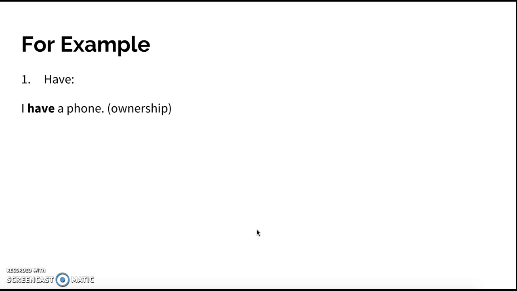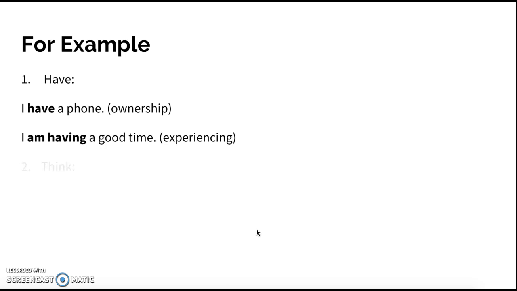I have a phone, for example. But there is another meaning of have. It means to experience something. So I am having a good time. It's not the same meaning, right? You could say I'm having a good time, I'm having a bad time, I'm having a good day. When you're talking about an experience that you're having right now, go ahead and use present progressive.